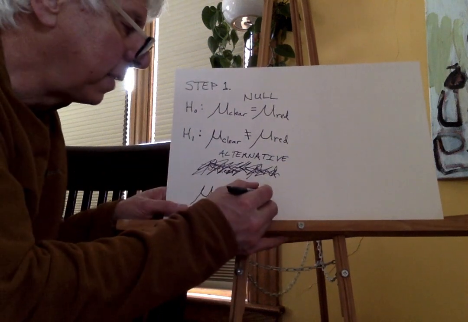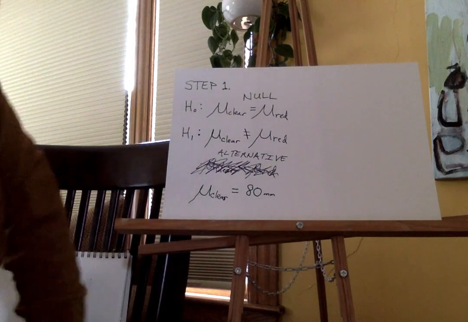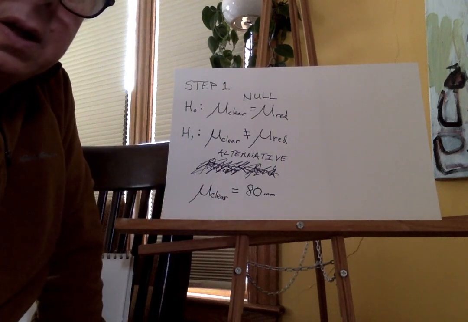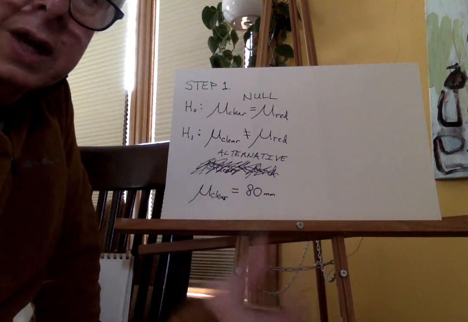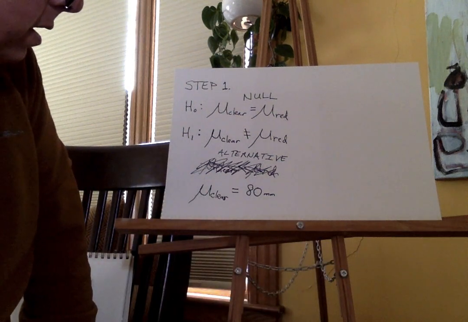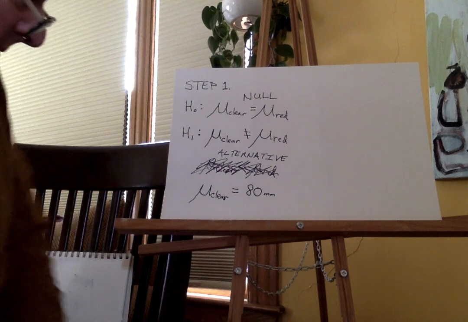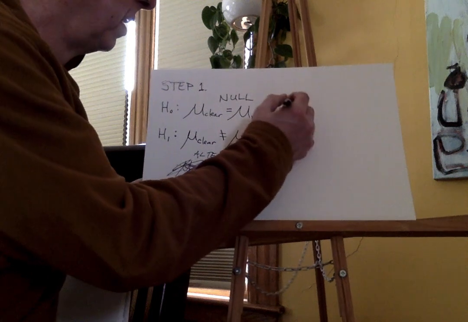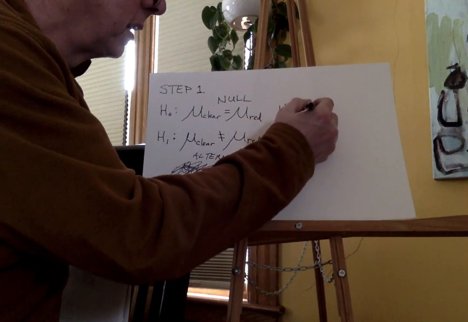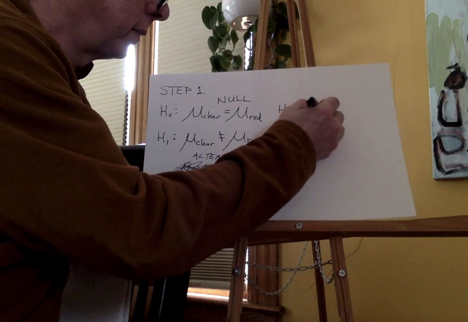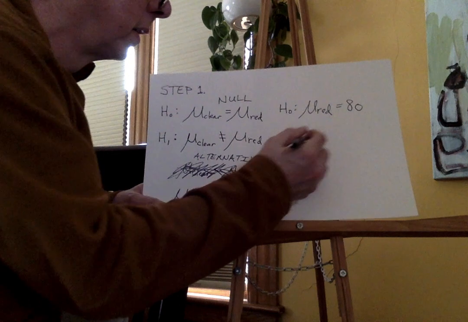And in this case, because we're using our visual analog scale, we're going to say 80 millimeters. It's that position on the visual analog scale, okay? So another way that we could do this is we could say the null hypothesis is saying that the red food coloring is going to be equal to 80.